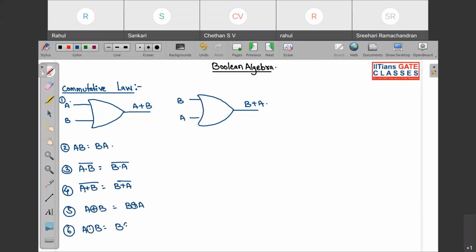Okay, so this is what I meant by commutative law, that if you interchange the input, your output remains unaffected.